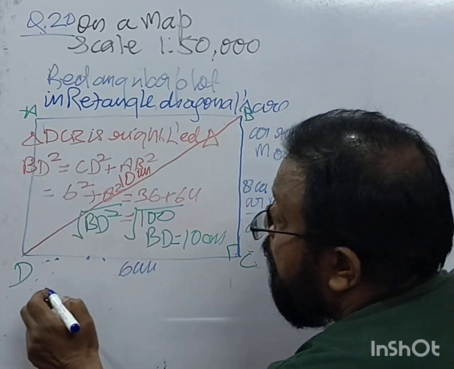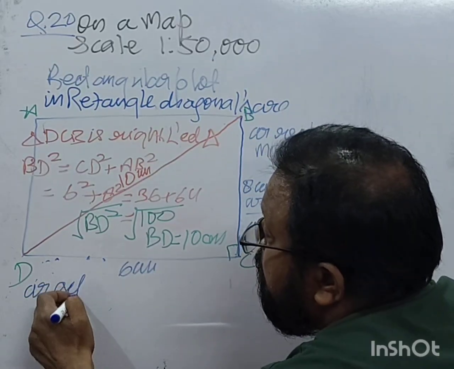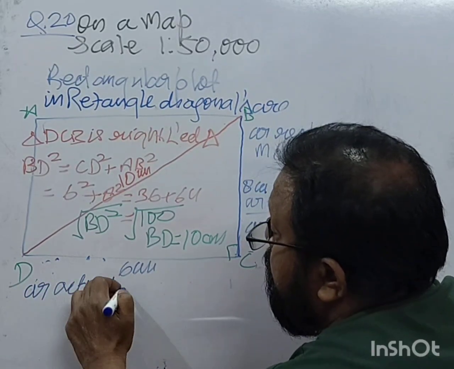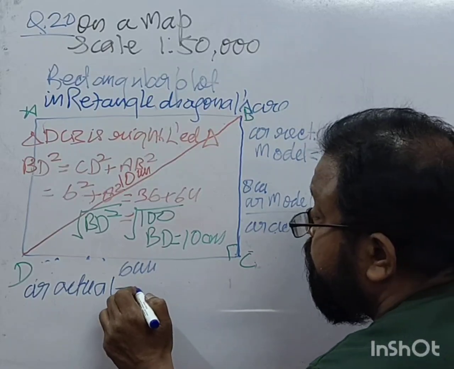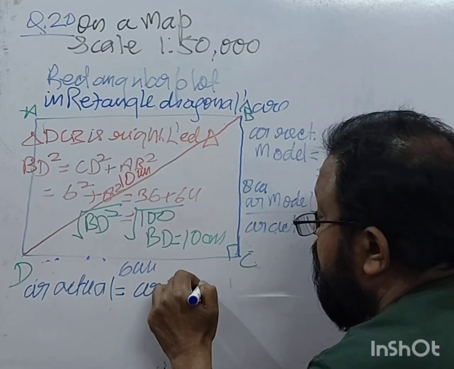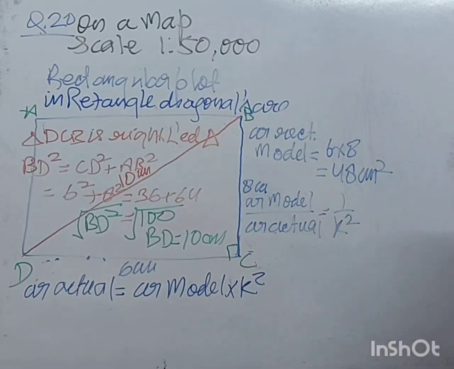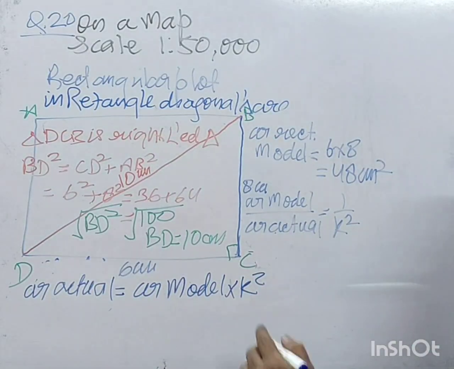actual area is equal to area model into k square, right?